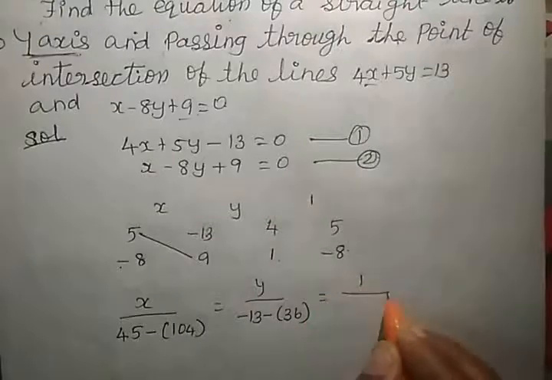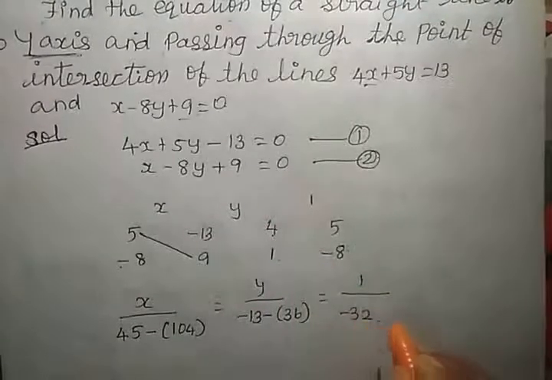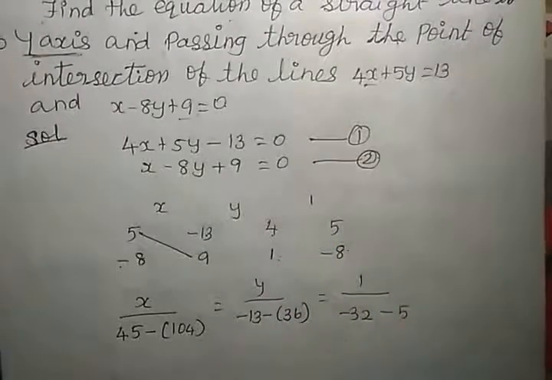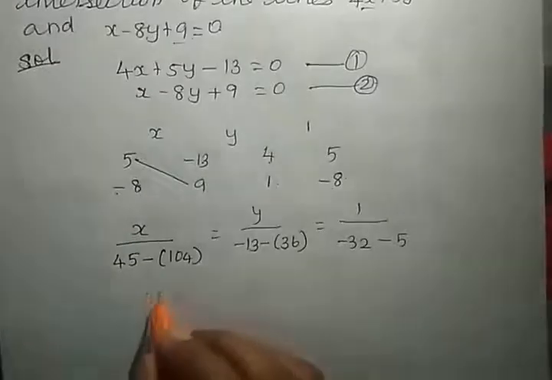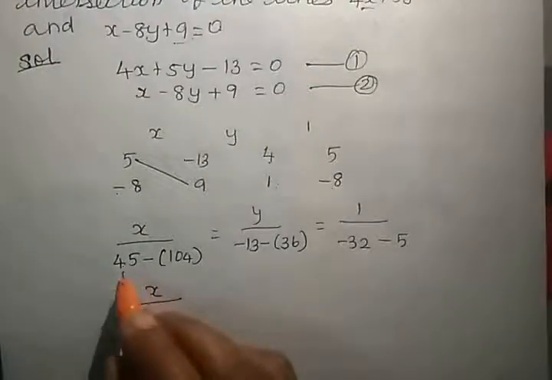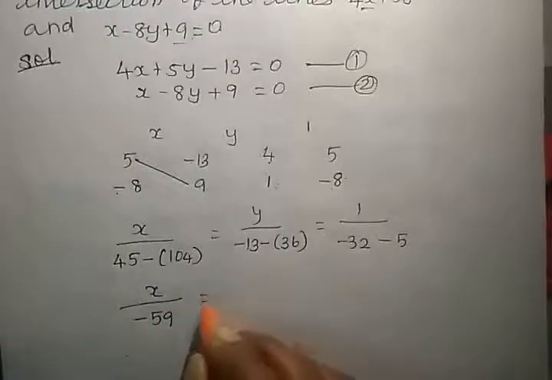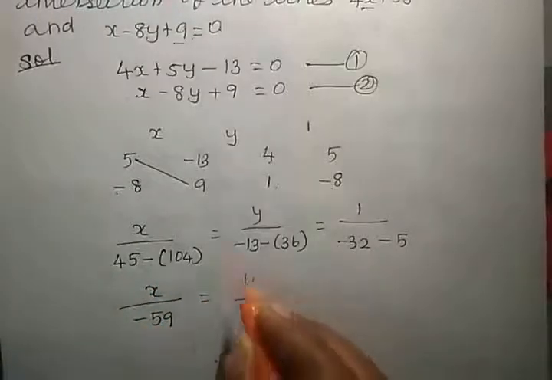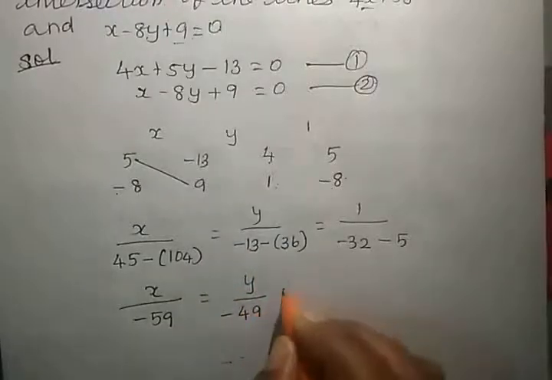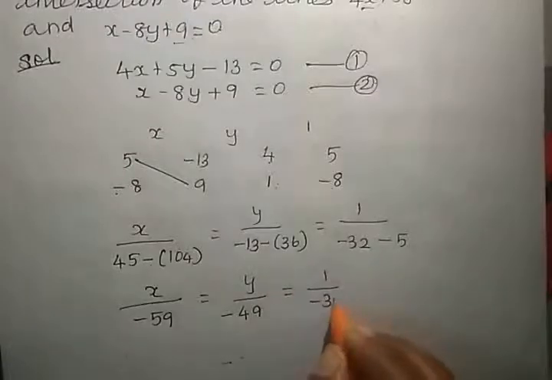Next the constant term is 4 eights are 32 minus 1 fives are 5, that is also both are minus. So x by 104 minus 45 is minus 59 is equal to y by minus 49 is equal to 1 by minus 37.